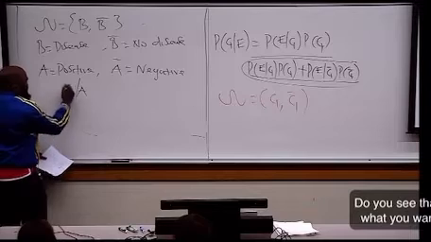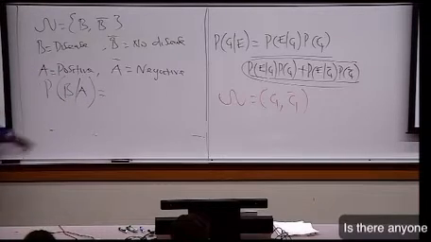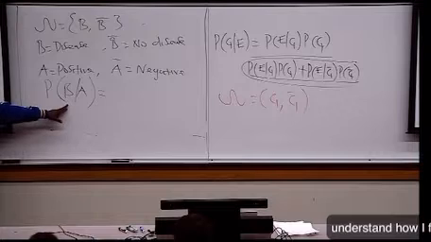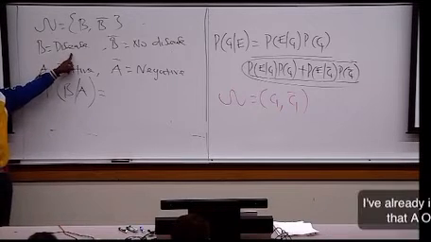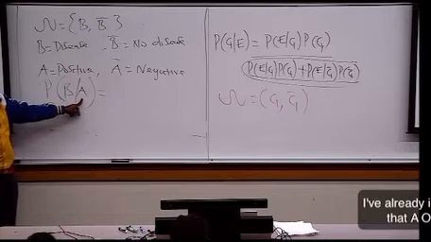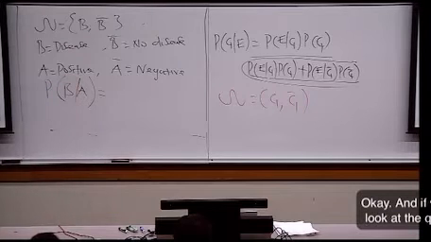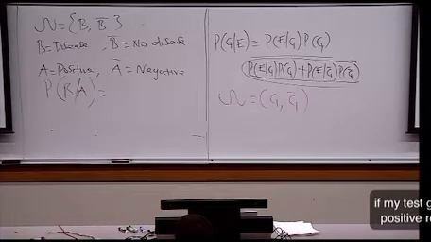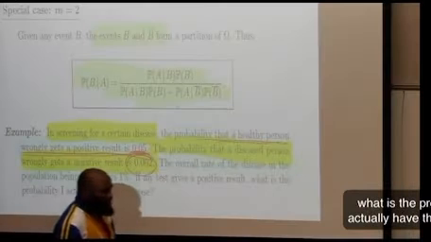Do you see that? This is what you want to find. Is there anyone who doesn't understand how I formulate this? Because B stands for disease, I've already indicated that, and A stands for positive. If you look at the question, if my test gives a positive result, what is the probability that I actually have the disease?